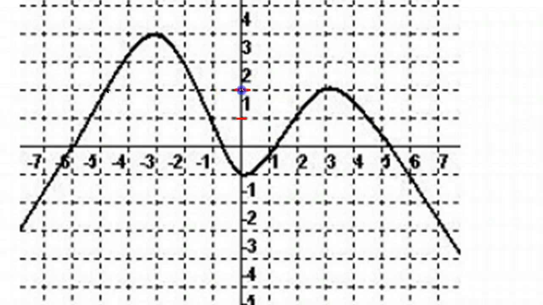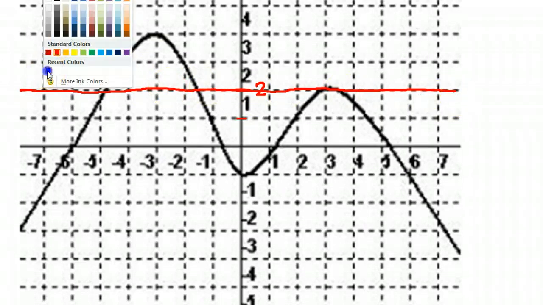This is a y value of 2 right here. Everything along here is a y value of 2. So the question is, what are the x values of the function at this y value?